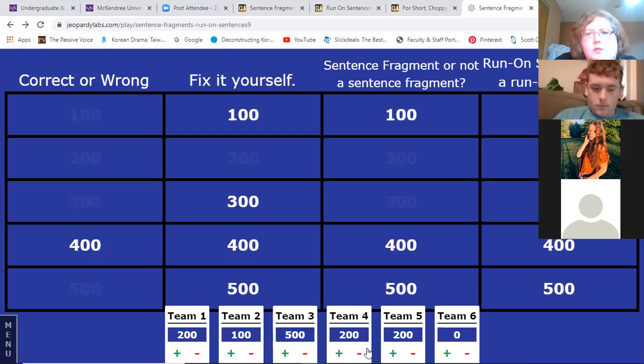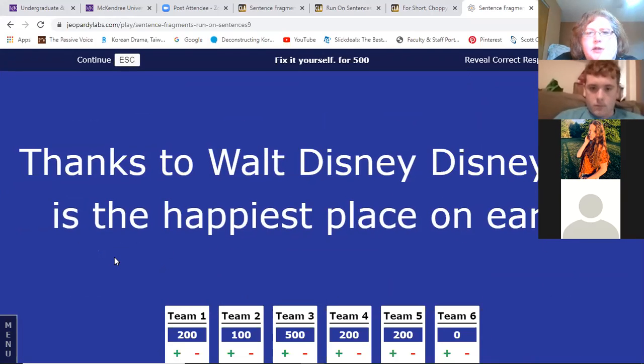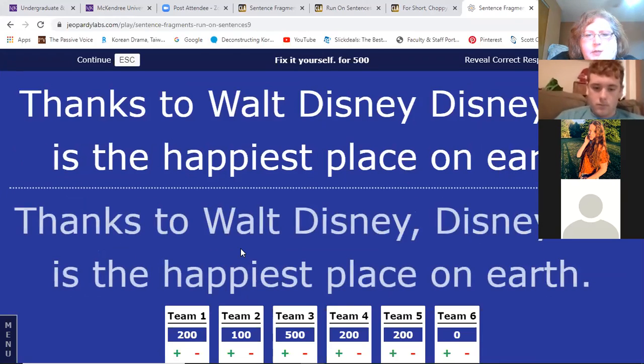Fix it yourself 500. All right, thanks to Walt Disney, Disneyland is the happiest place on earth. After thanks to Walt Disney, you can place a comma. Thanks to Walt Disney, comma, Disneyland is the best place on earth. Yes, that would fix it. Very good.